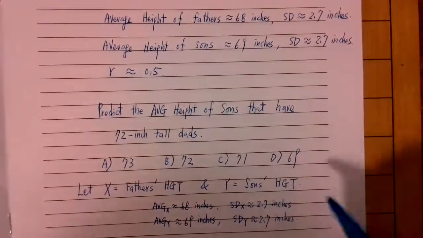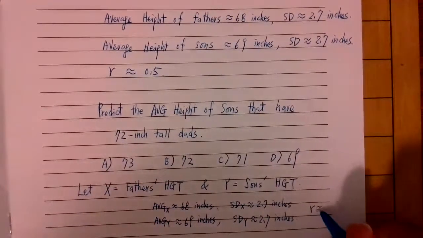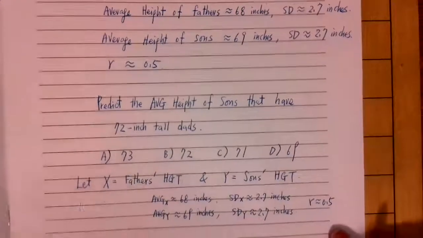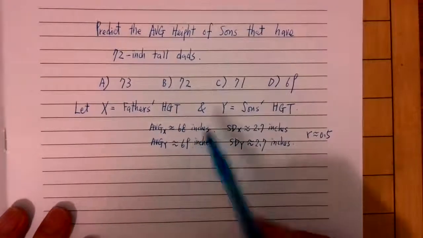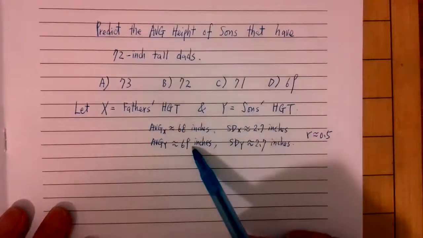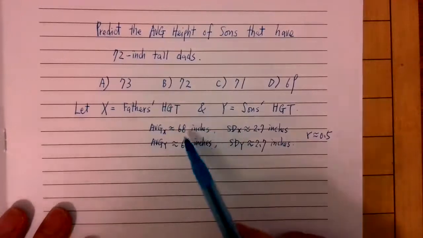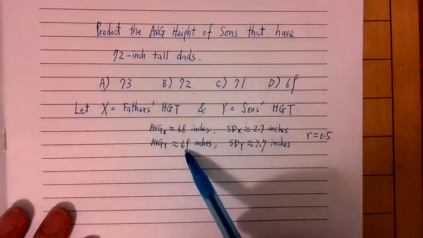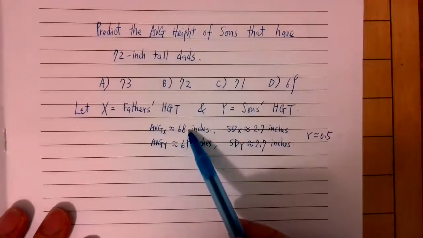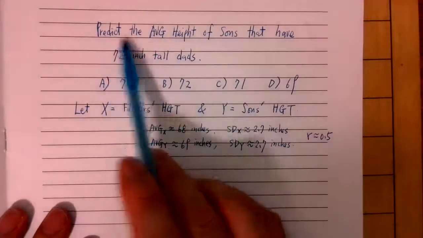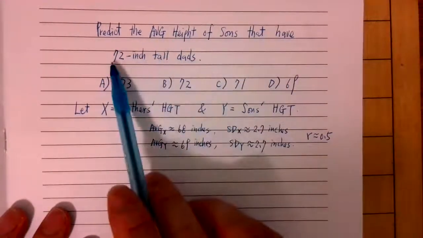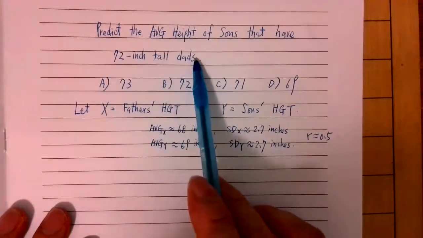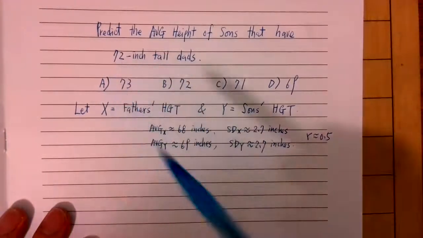R is roughly equal to 0.5, okay? If a person has never learned statistics before, this is the most probable observation and answer. The person looks at the data set and says, well, on average, the son is 1 inch taller than the dad. So if you want to predict the average son's height when dad is 72 inches, then the son is on average 1 inch taller.